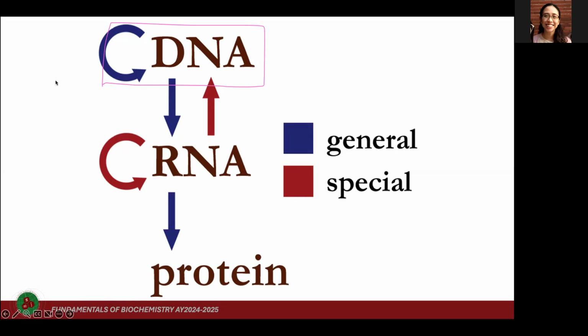And then we also tackled the process of transcription, which is the creation of an mRNA transcript from a gene. So remember that not all of the DNA sequence in an organism is considered a coding sequence.